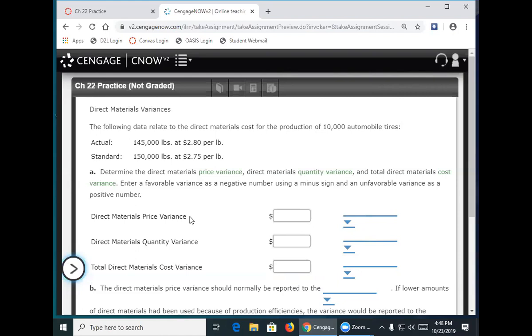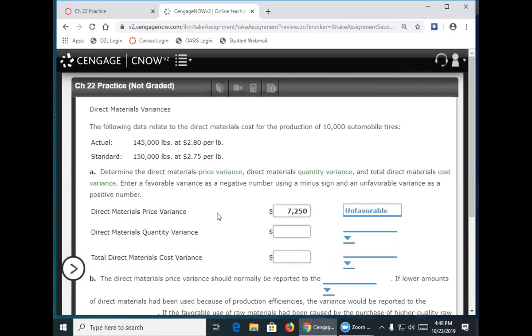It's wrong on the notes, by the way. I'll correct it for you before we leave. If it's positive, then it's unfavorable. So we have an unfavorable materials price variance of 7,250.